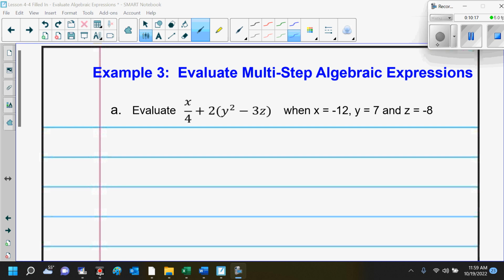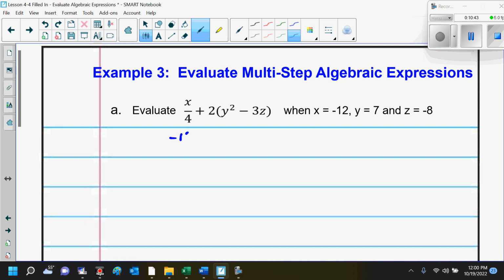No, what's the first step? Substitute. So all we have to do, wherever there's an x, we're going to put in negative 12. Wherever there's a y, we're going to put in 7. And wherever there's a z, we're going to put in negative 8. Please pay attention to detail. So we've got x over 4.